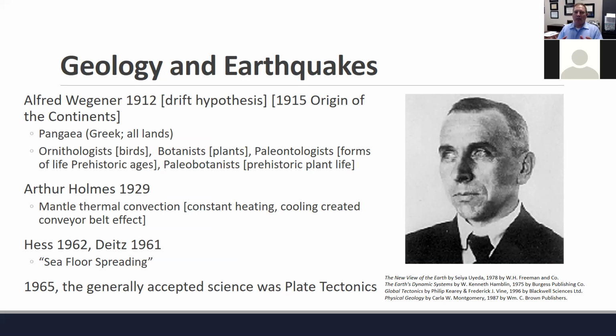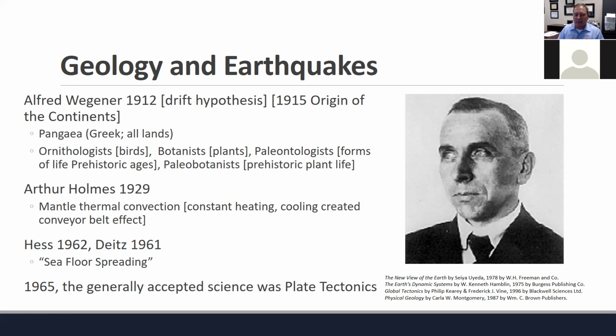And once he linked it together, he envisioned that there was once this large landmass referred to as Pangaea. Pangaea is a Greek word meaning all lands. But he envisioned that there was this large landmass that at some point must have broken apart and drifted into different places. I actually have a video of that, of an animation of that.